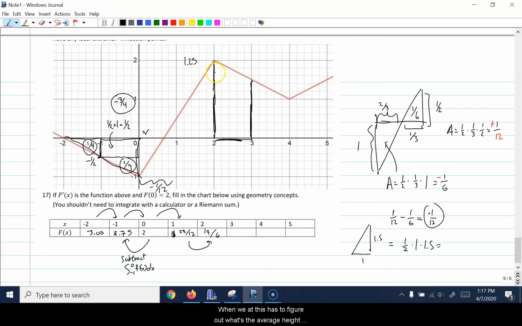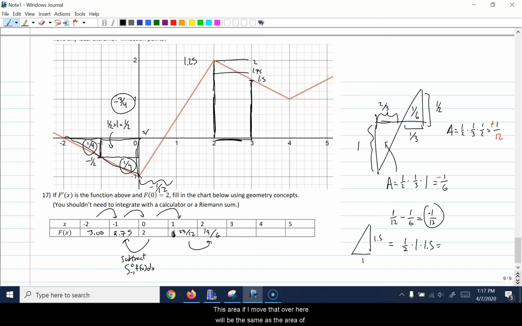One way at this is to figure out what's the average height of the function. I'm going to imagine taking that triangle and lopping it over here and turning this trapezoid into a rectangle. This has a height of 2. This has a height of 1.5. So the height of the rectangle that matches it has a height of 1.75.